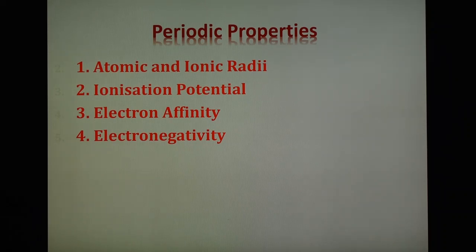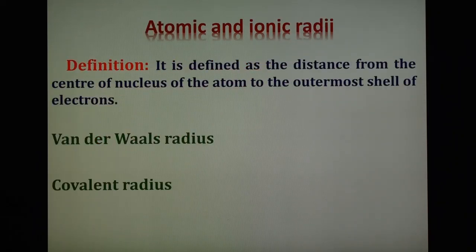These properties depend on the electronic configuration of the atom of the element. The important properties are atomic and ionic radii, ionization potential, electron affinity, and electronegativity. The first property that we are going to see is atomic and ionic radii.